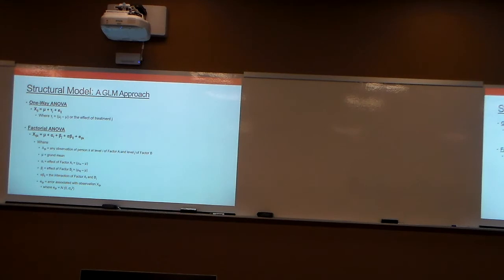What we've got is an additive model where we start out with the grand mean, and then we just make adjustments, right? So if I'm looking at the impact of, let's say, sex and class status on drinking behavior, to predict any person in our sample's level of drinking behavior, we would start with the grand mean.